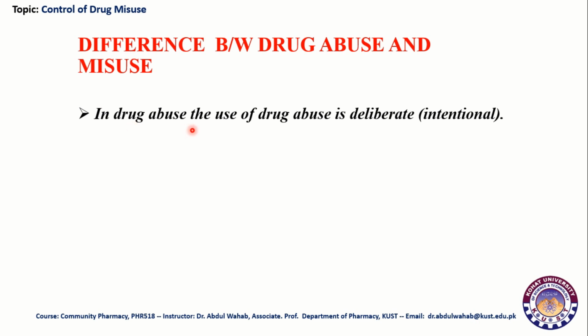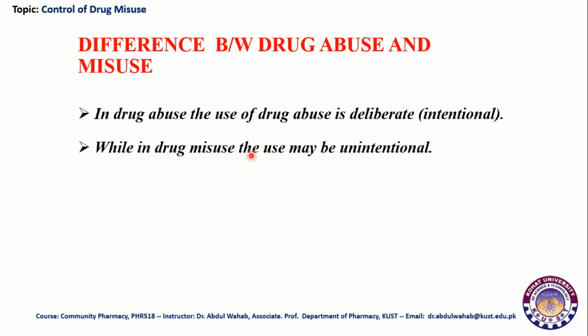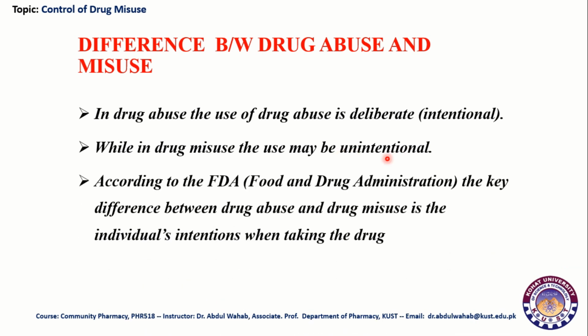In drug abuse, the use of drug is deliberate, intentional, while in the case of drug misuse, the use may be unintentional. But according to the FDA, Food and Drug Administration, the key difference between drug abuse and drug misuse is the individual's intentions when taking the drugs.